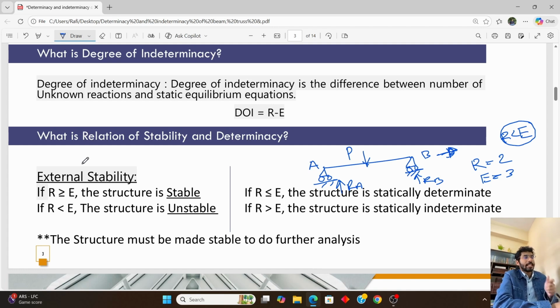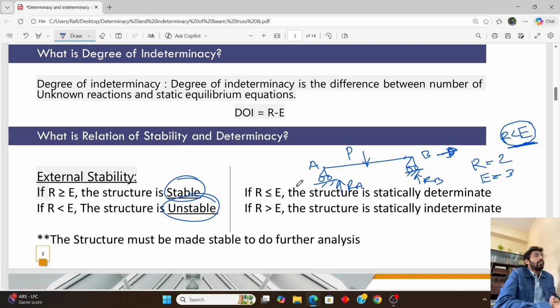If you look at the external stability, then we can say that if R is greater than or equal to E, the structure is stable. And if R is less than E, the structure is unstable. So this is how we calculate the stability of a structure.